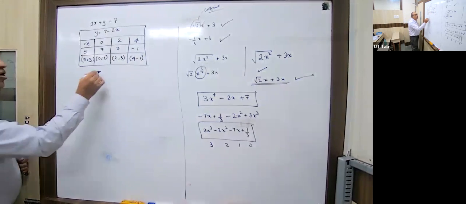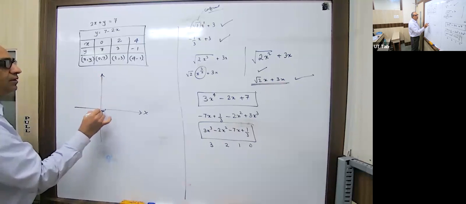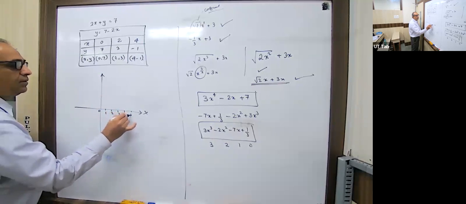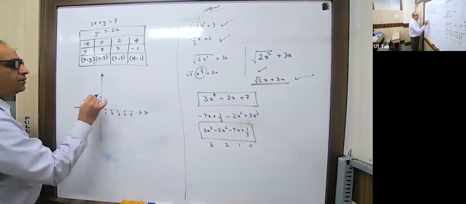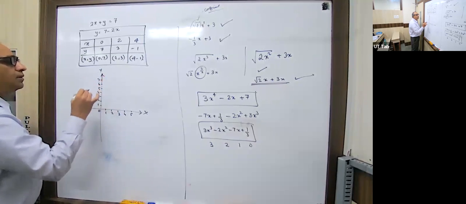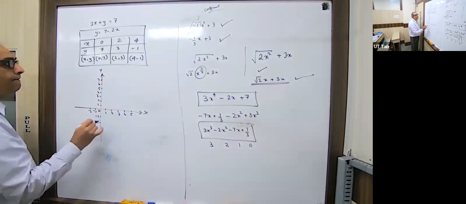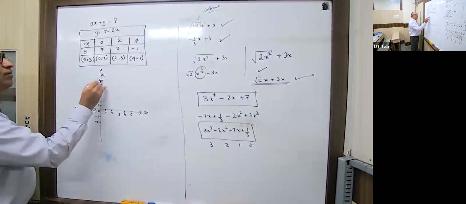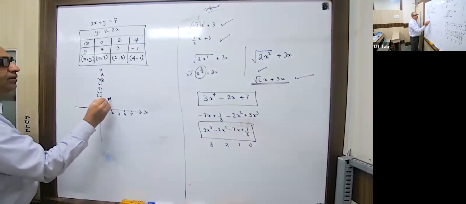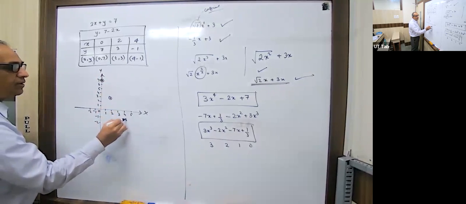So if I were to plot, 0 comma 7 would have come here, 2 comma 3 would have come here, 4 comma minus 1 would have come here.